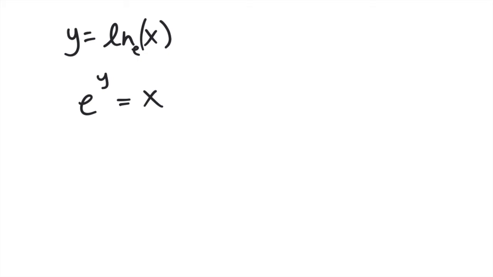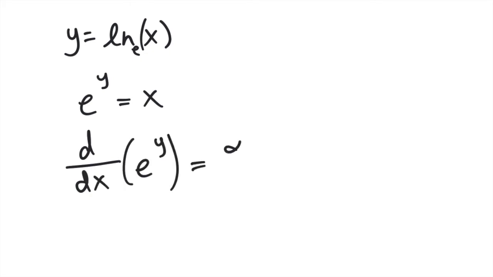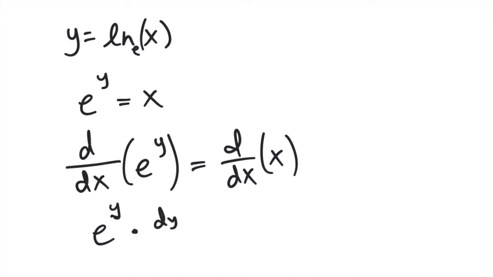But now that we have an exponential, go ahead and do almost exactly the same steps as before. Take the derivative of both sides with respect to x, so d over dx, like this. And then on the left side, this is going to be e to the y, because e is its own derivative. But then y is your input variable there, and so you still need a dy dx.